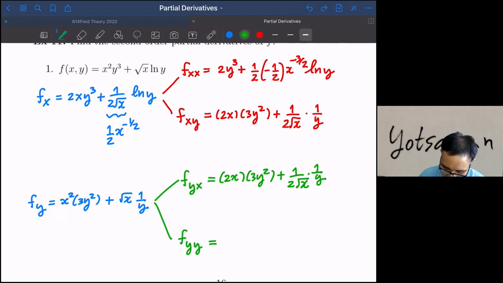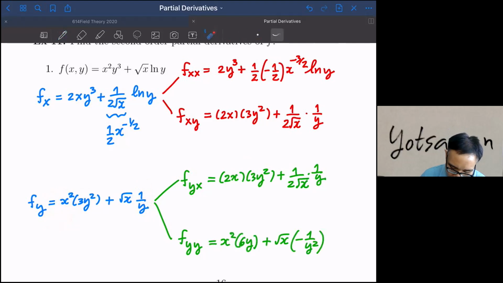So that is the formula that I asked you to memorize from calculus 1, the derivative of 1 over y is negative 1 over y squared. So this is the final answer.